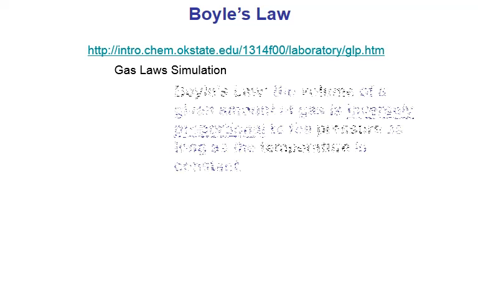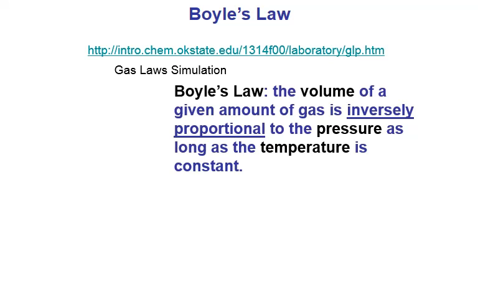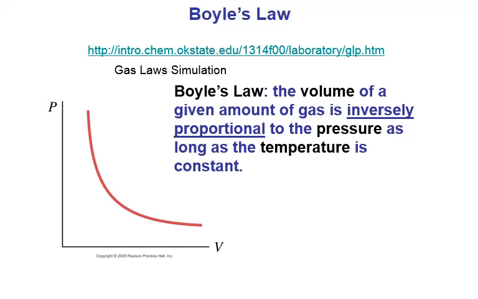Okay, so with Boyle's law then, we're dealing with an inversely proportional relationship. The volume and the pressure, as long as temperature is constant, is inversely proportional. So in other words, as the volume gets bigger, pressure is going to drop.